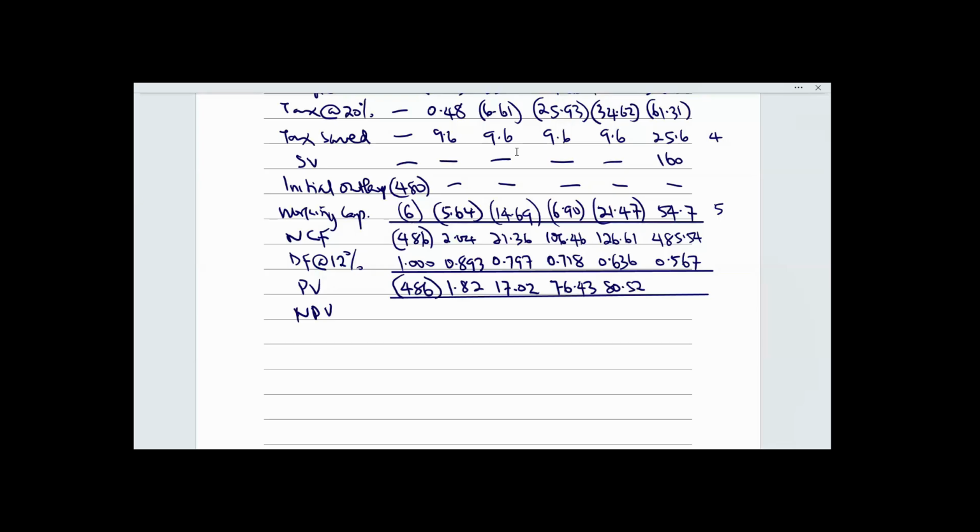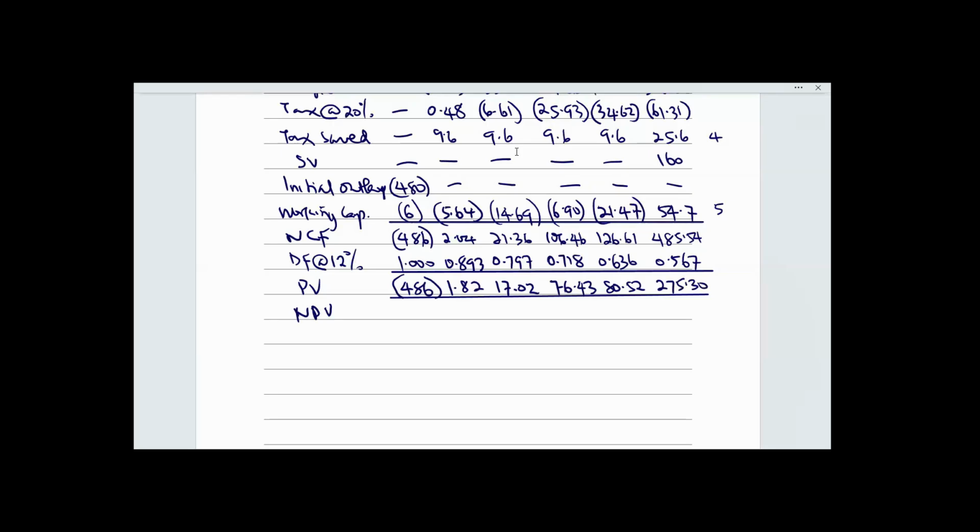Year 4 is 80.52. Then year 5, 485.54 multiplied by 0.567 is 275.30.